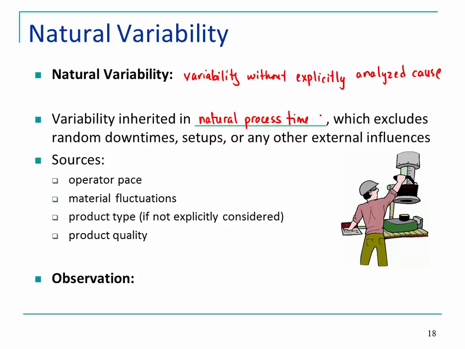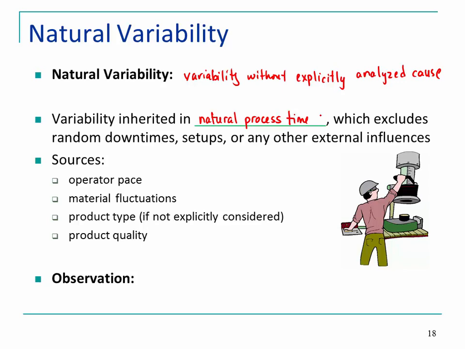Some examples: operator pace. You can have an operator working very fast at some point and then changing that pace in the afternoon, or maybe he's sick, so he's not feeling very well, so you will see a different pace on that day. All that is inherited in the natural process, and it's very difficult to quantify and to find a reason for that. Material fluctuations. Maybe you have a supplier that is not producing as many units or having an issue with his plant, so you might end up having fewer units.